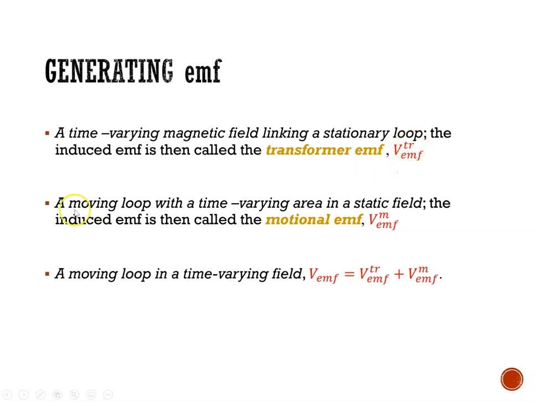But when it is a moving loop, not stationary, a moving loop with a time-varying area in a static field, the induced EMF is called a motional EMF, denoted by VEMF with M on top. So the total VEMF is the combination of the transformer EMF and also the motional EMF.